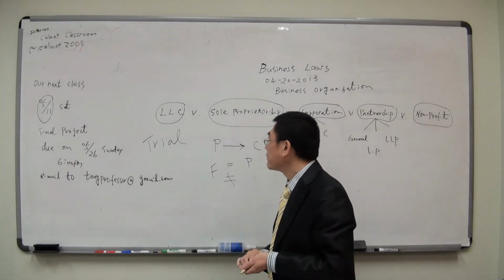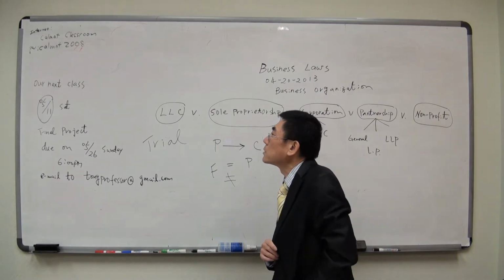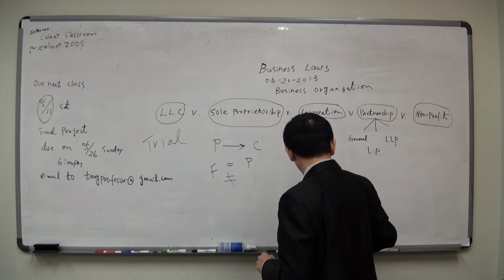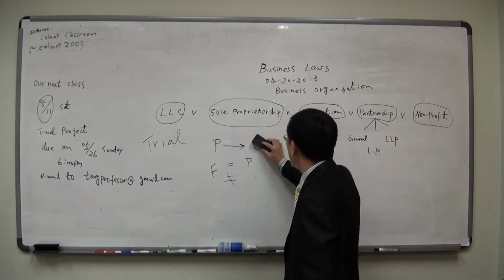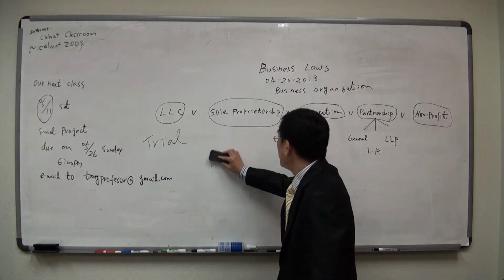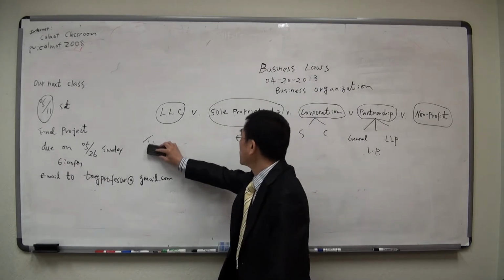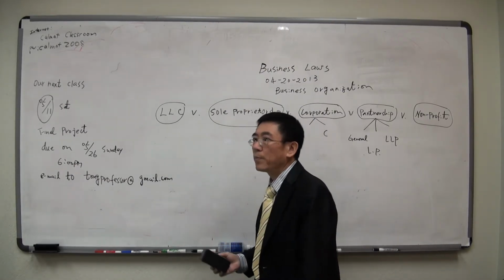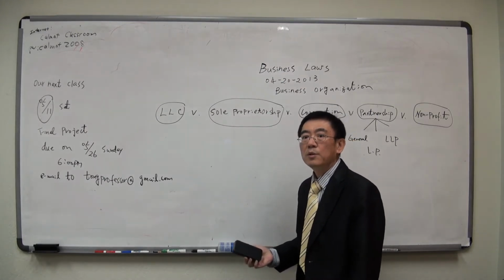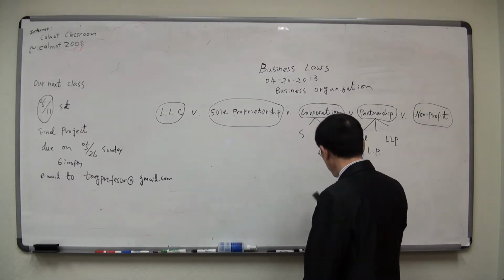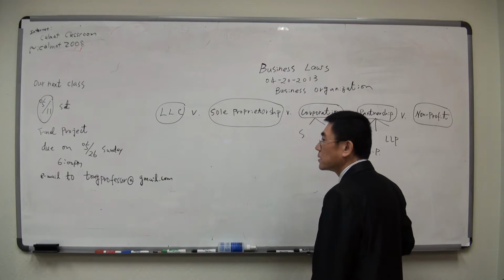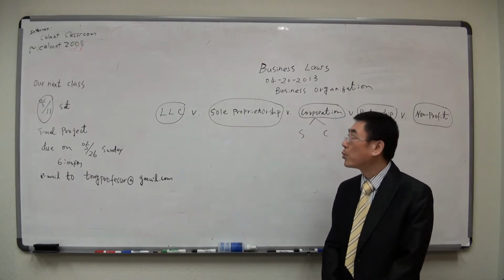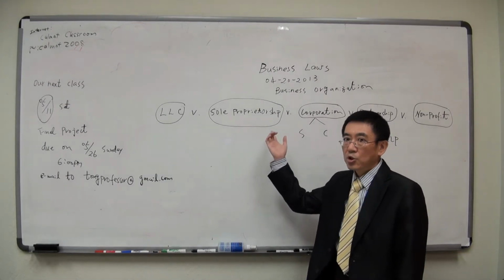Okay, so let's start our topic for the day. We will talk about 5 different business organizations. Eventually, before you run a business, you need to decide which organization is the best for your business. We're going to talk about sole proprietorship.